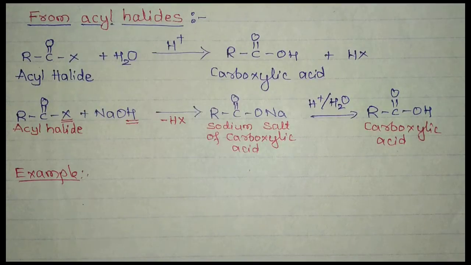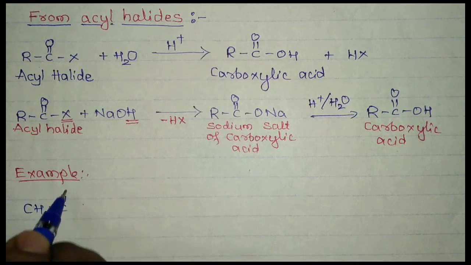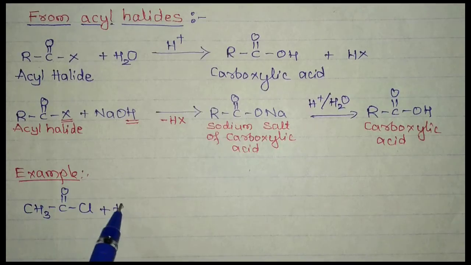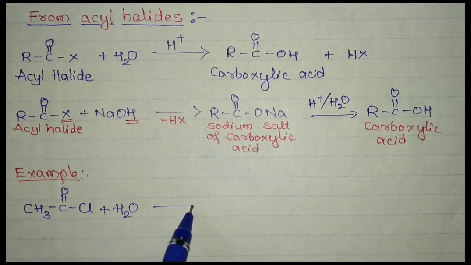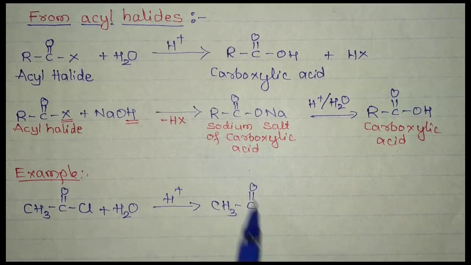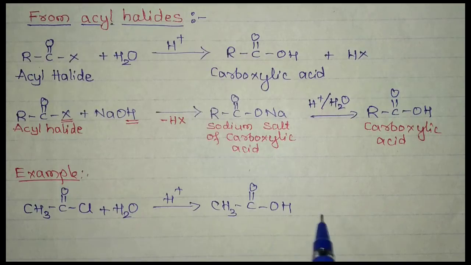When acyl chloride, CH3COCl, is hydrolyzed in the presence of an acid, H2O in the presence of acid gives carboxylic acid, that is acetic acid, CH3COOH, plus HCl.